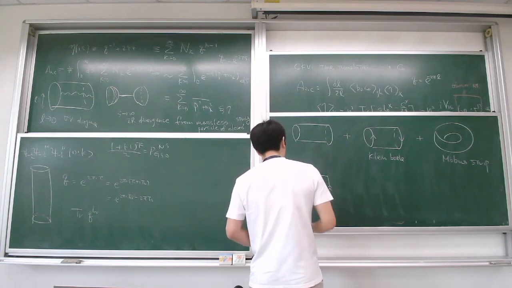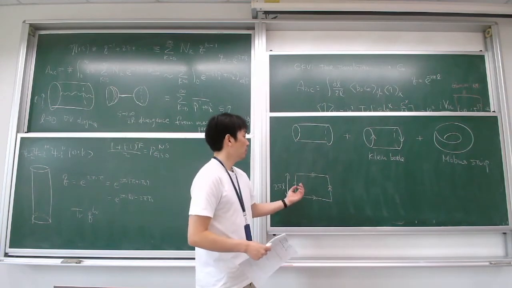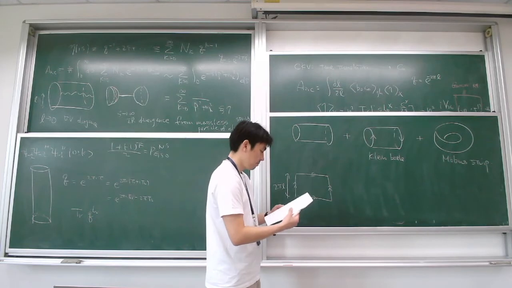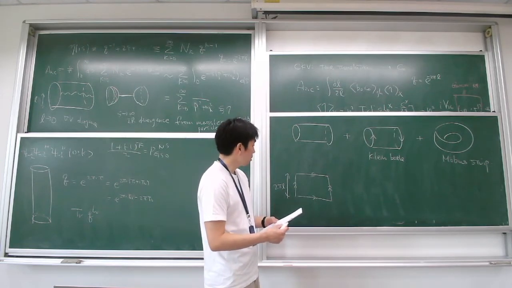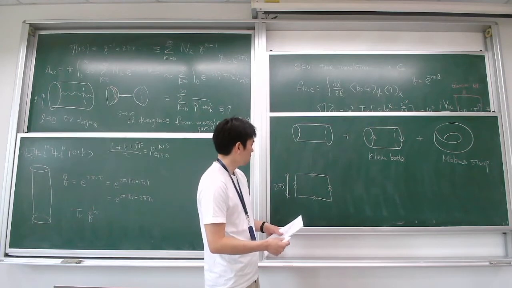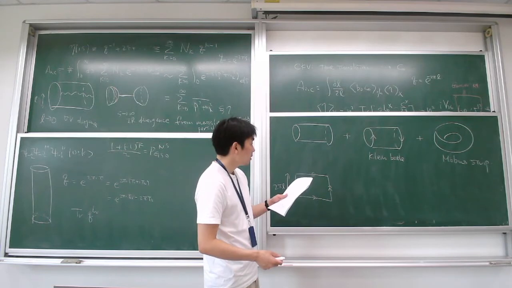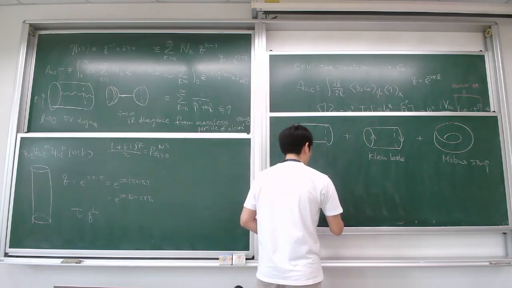a length L, and then if you identify them, here I just assume this is 2 pi.